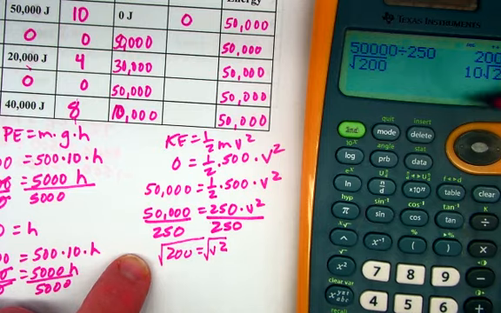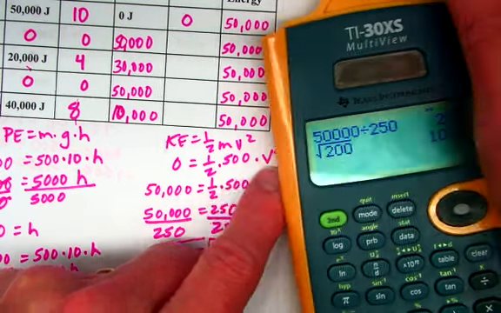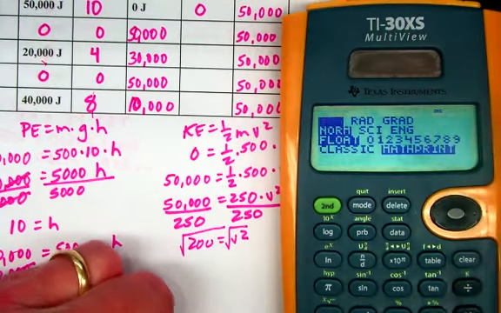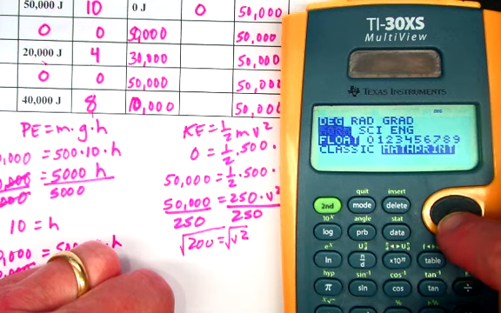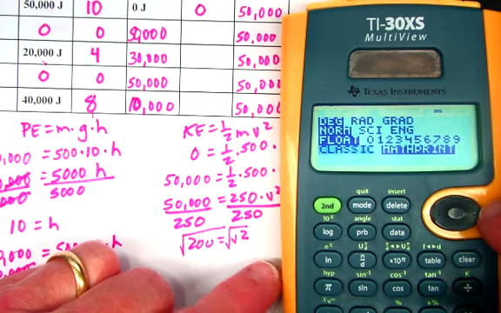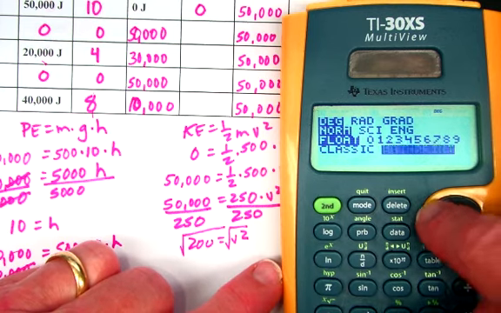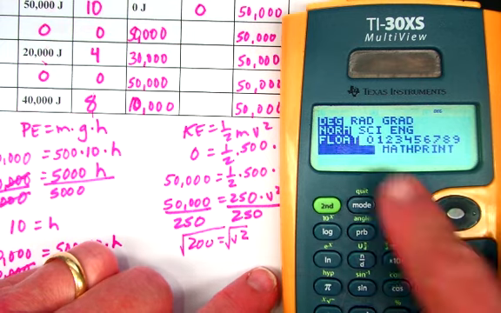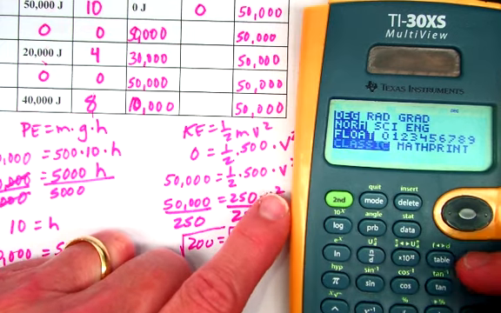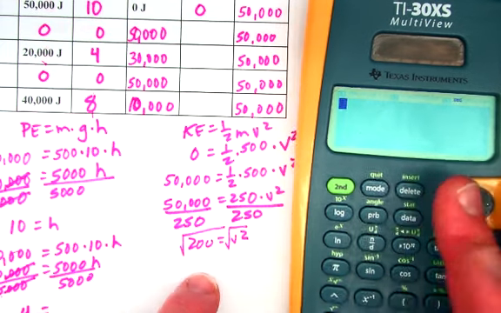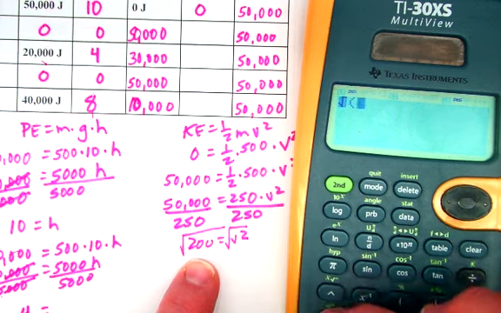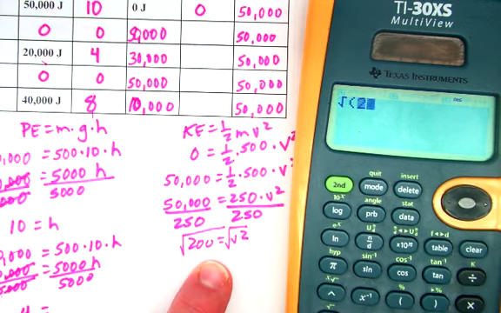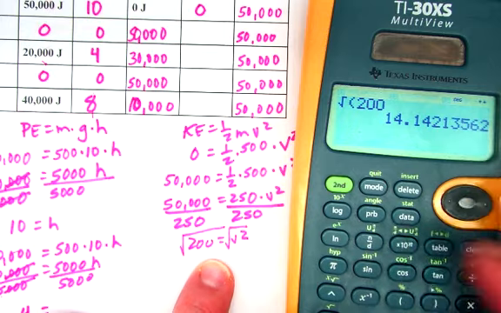This calculator hasn't been changed over, so I'm going to go into my mode, go down, and enter classic, because that's going to help me get rid of my radicals when I'm done. So let me try that again. Second function, square root, enter 200, and I should hopefully get my answer of 14.14.